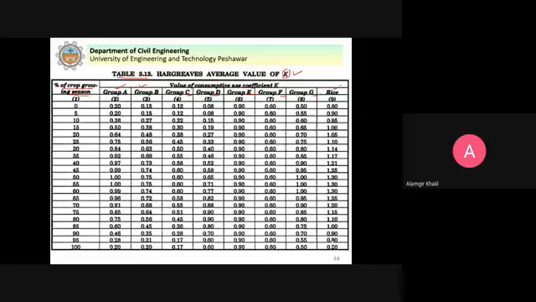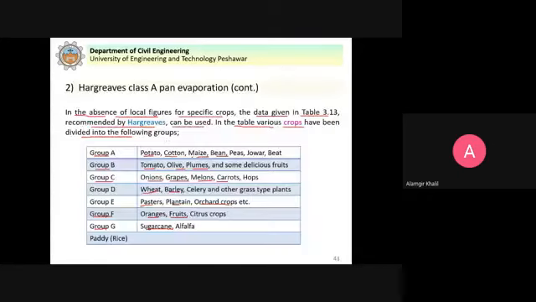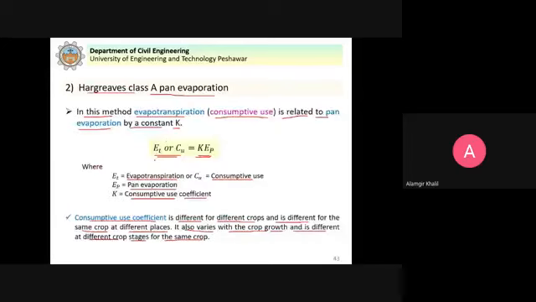For different percent of the growing season from 0 to 100%, these K values can be taken from here in estimating the consumptive use or evapotranspiration.